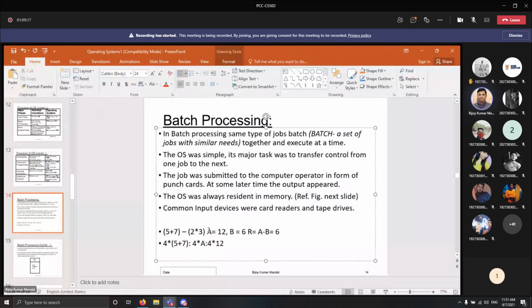So directly we can replace that equation with the value calculated in a previous equation.